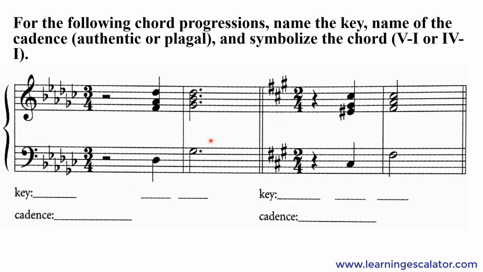If we look at the tonic chord, since it's dominant to tonic or subdominant to tonic, then this chord is a tonic chord, and it's a G flat major chord. So that means it's G flat major.